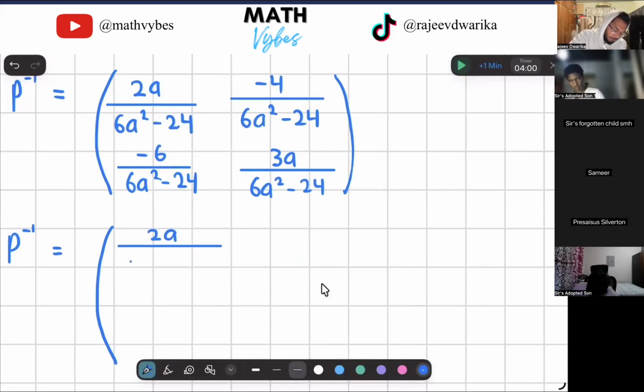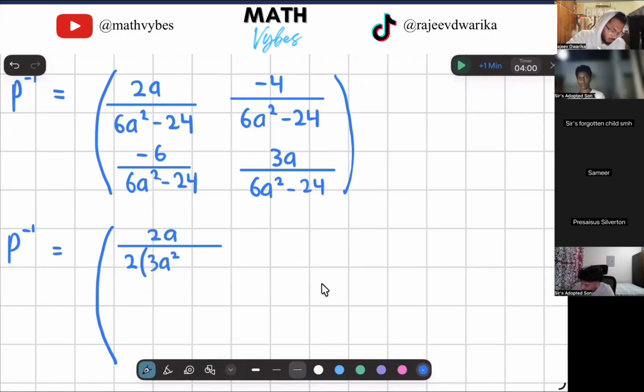So Ria, if I factor out 2 from the denominator, what would I write? So I'm pulling out 2 from 6a squared minus 24. What by 2 would give me back 6a squared? 3a squared.